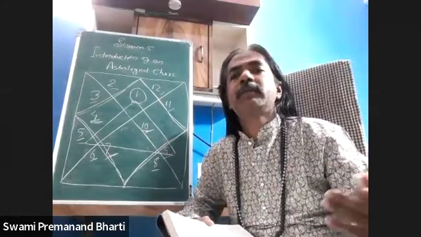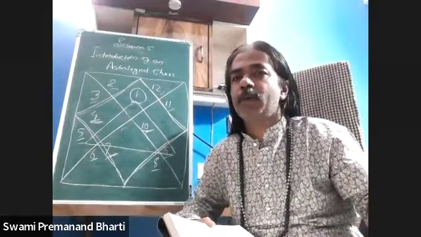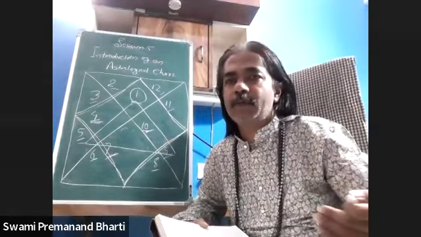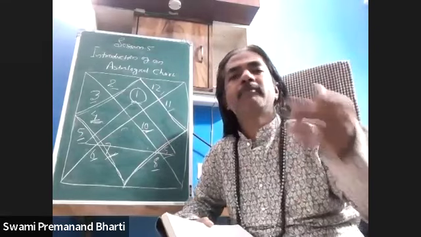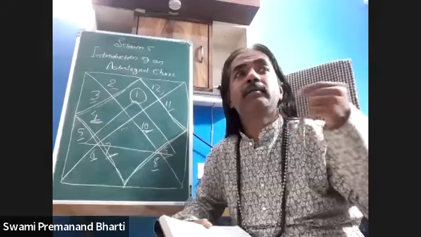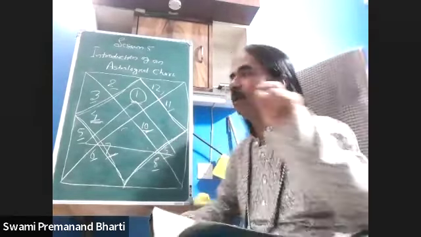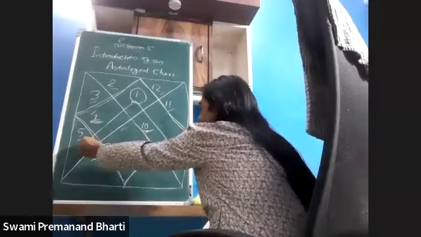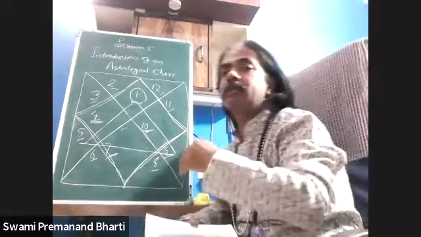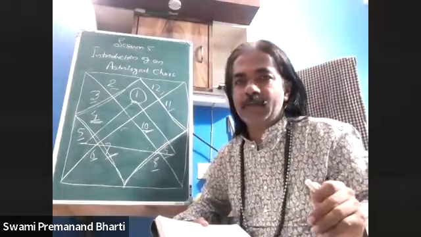So this person should focus on his education. If no one is supporting me, at least I can educate myself. At least I may have some creative talent which I can work on, and I can live a good life on the basis of that creative talent. So the fifth house is creativity and education, the ninth house is higher education. A person should work on these things so that he can still live a good life.